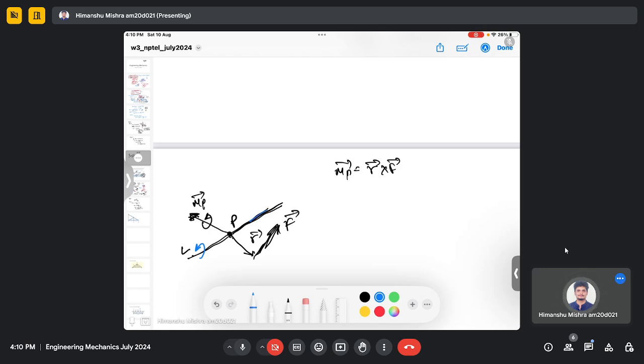Let's say this axis I can represent by a basis vector E. So I need to take the component of this vector MP along this direction, the projection of this vector MP along the axis defined by the E vector.